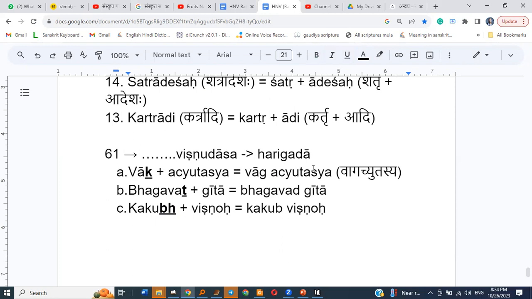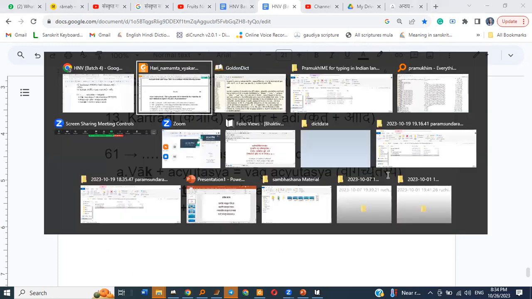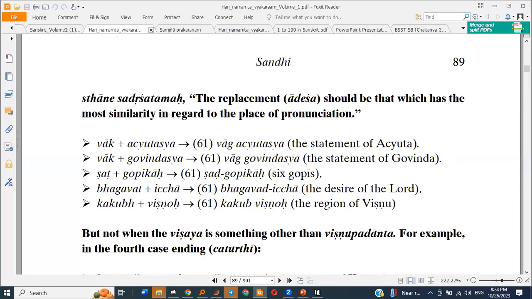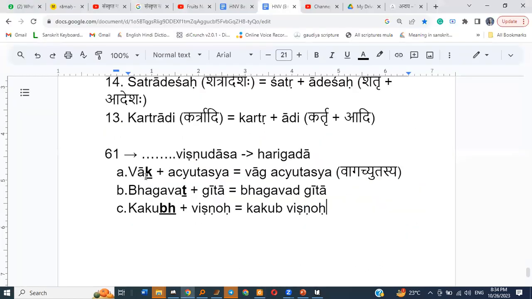This is very common. A few examples given here are Vak Govindasya becomes Vag Govindasya. He also uses Shat Gopika or even Shat Goswami.